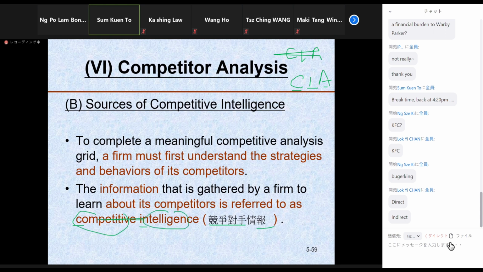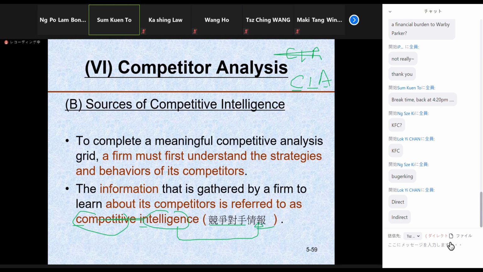Intelligence is 情報. Okay, so as I said, you need to understand your competitor. 知己知彼，百戰百勝 SWOT analysis. Okay, find out people's strengths are your weakness, people's weaknesses are your strength.